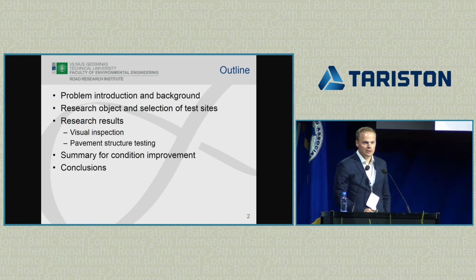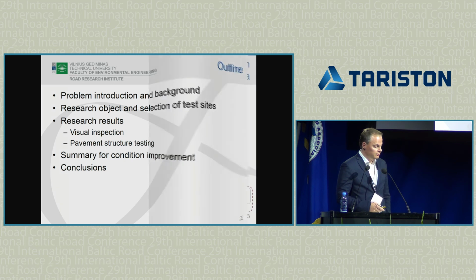And research results, which are divided in two parts. First is about visual inspection, and the second one about the pavement structure and materials. Then a summary and some recommendations for improvement and general conclusions in the end.